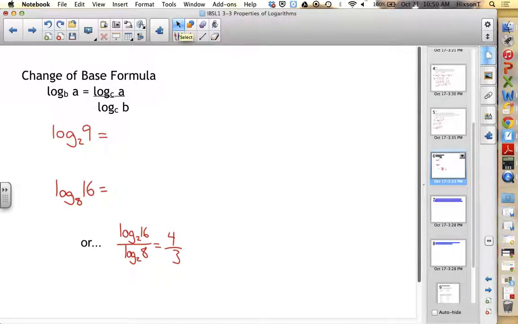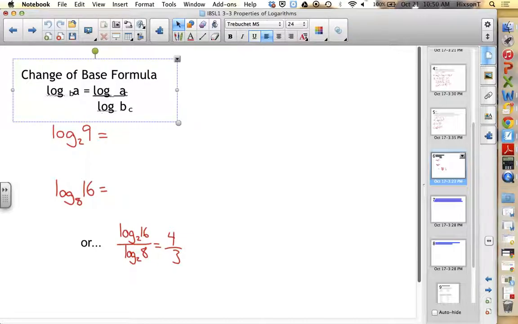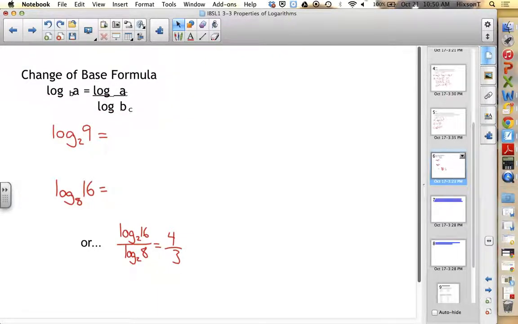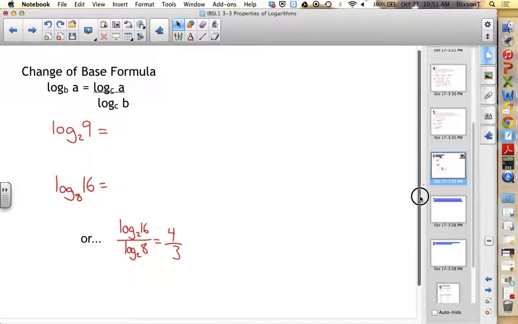So here, we're converting from base b to base c by setting up this proportion. Now, typically, we will convert to either e or 10 because that's what our calculator can do. But I'm actually going to skip to the last example here.